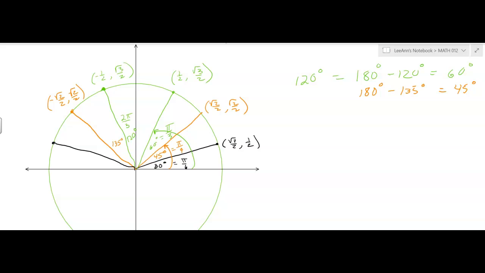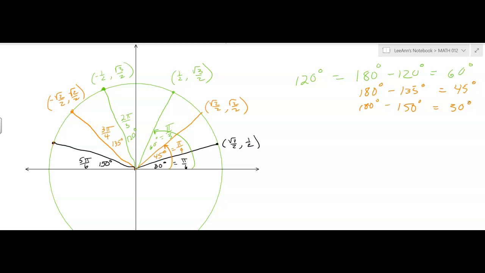All right, and then we have one down here, which is going to be 150 degrees. And I forgot to do the radian measure on the last one. This one's going to be 5 pi over 6, and the other one was 3 pi over 4. Okay, and then this 150 degree angle, 180 minus 150 is 30 degrees.